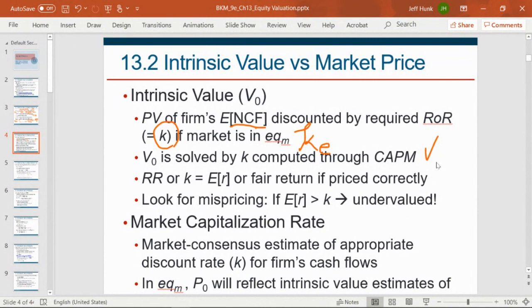And CAPM is, basically if everything falls on the security market line, right? That's equilibrium. So the required return or cost of equity, cost of capital, is the expected return or fair return if priced correctly.